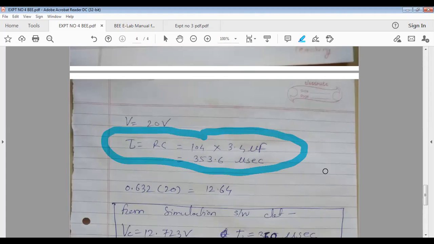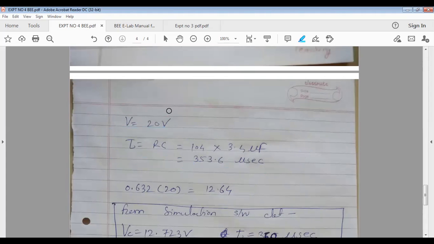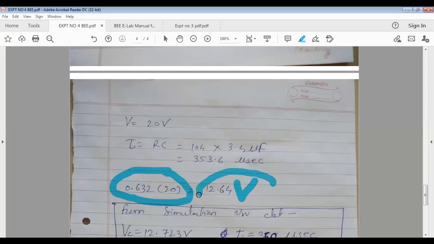You will get 353.6 microsecond. What is the value of supply voltage? 20 volt. So tau is the time taken by the capacitor to reach 0.632 times the supply voltage. What is 0.632 times the supply voltage in volts? 12.64 volt. Correct, 12.64 volt.